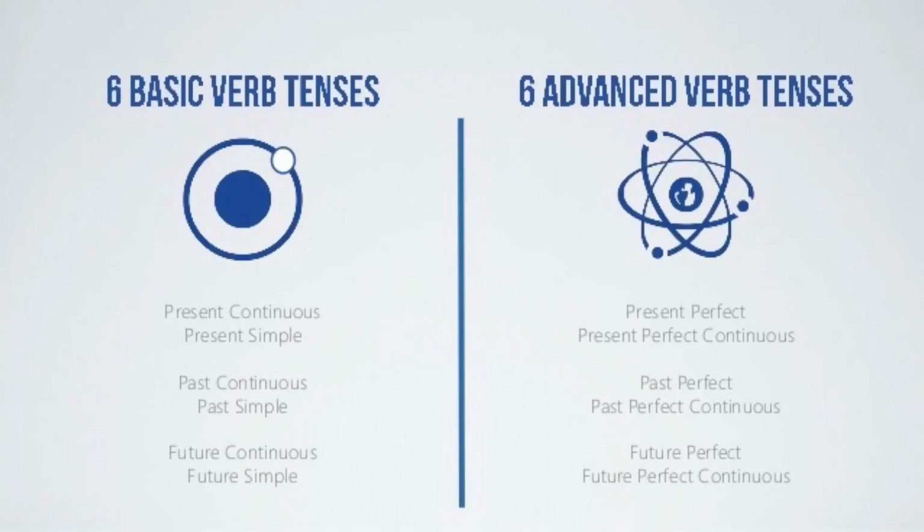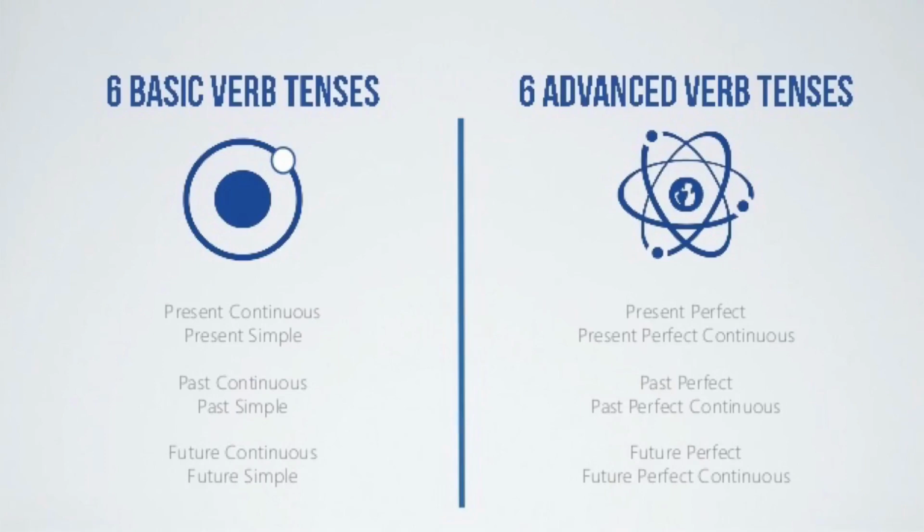Present simple tense basically indicates an action that is generally true or habitual. Third, we have past continuous. Basically, past continuous indicates an action that is going on at some point in the past, or an action in the past that is longer in duration than another action in the past.